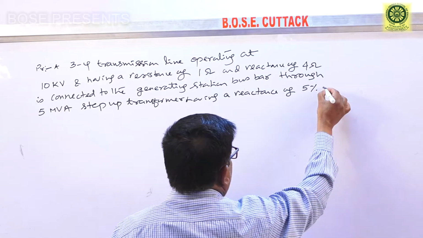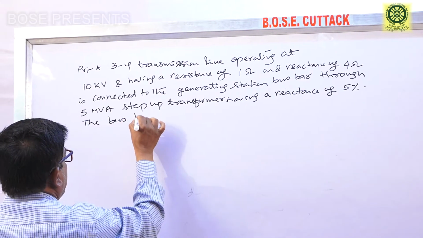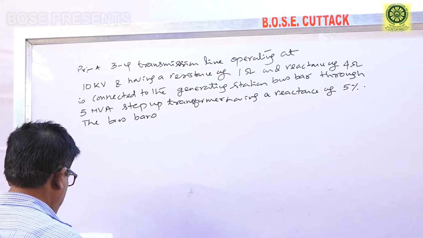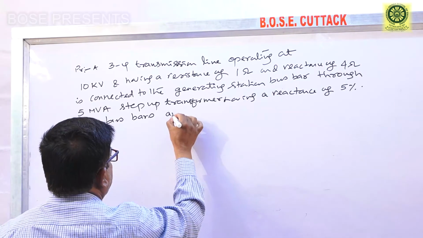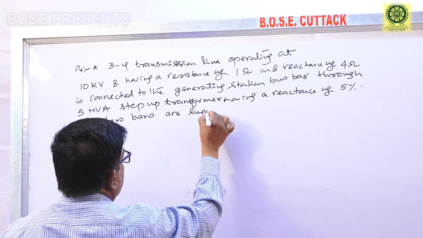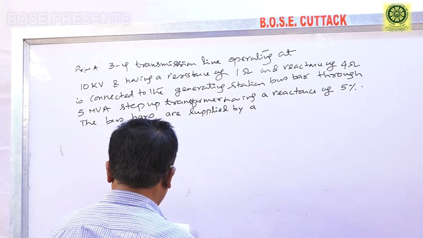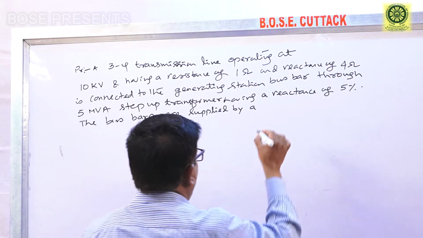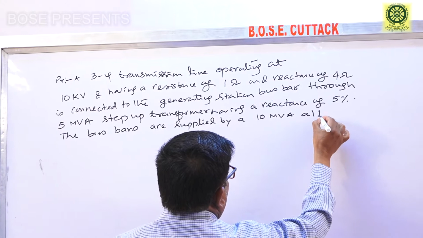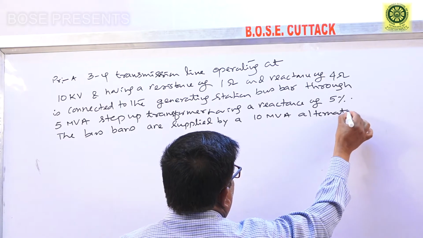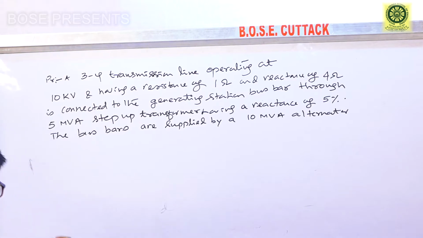The bus bars are supplied by a 10 MVA alternator having 10% reactance.